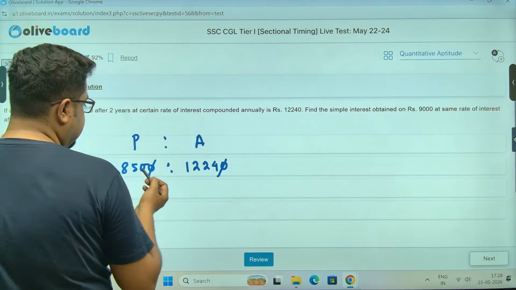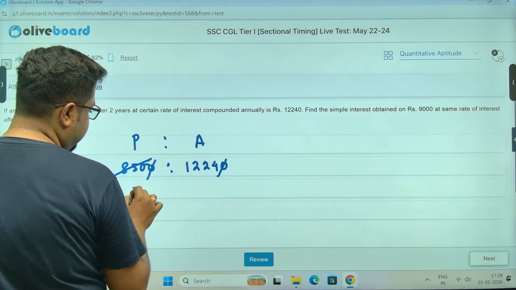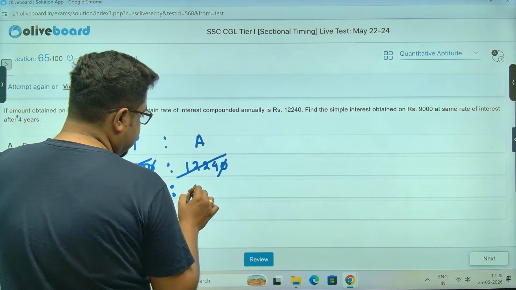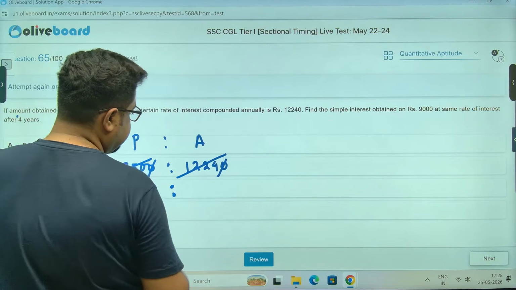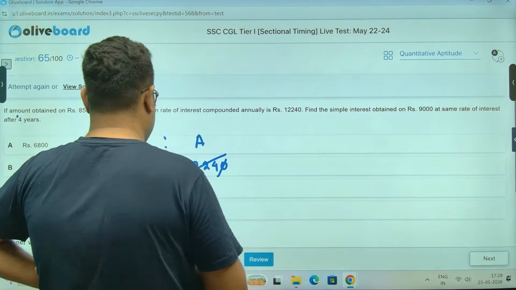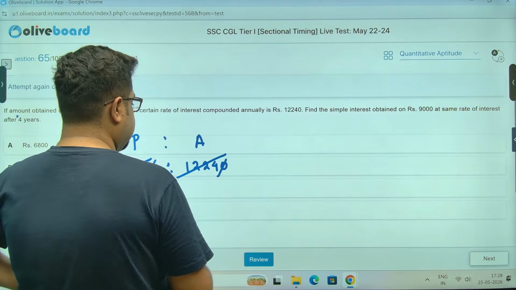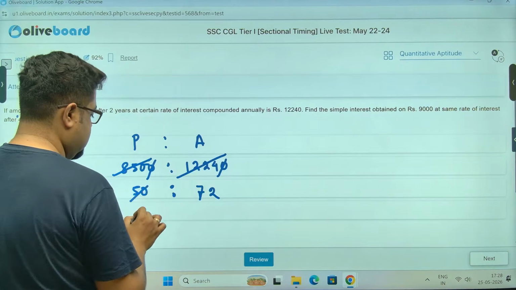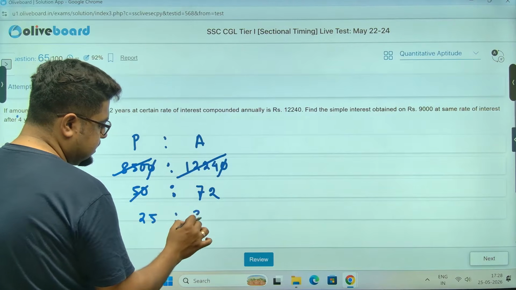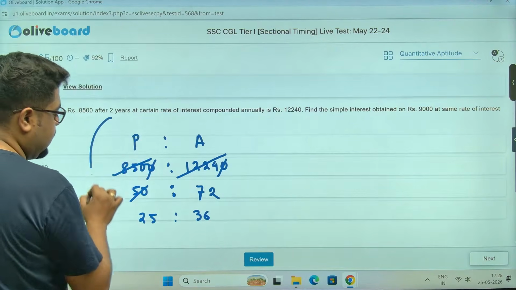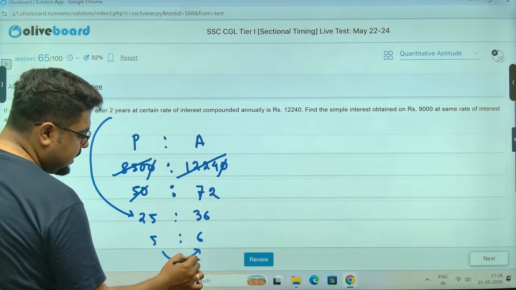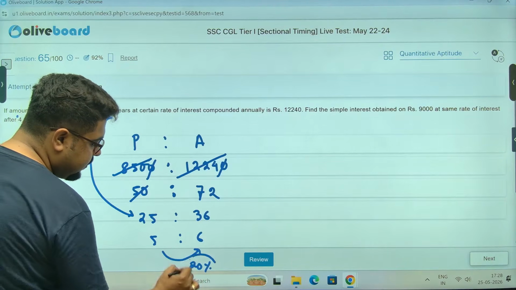Sir, this can only be divided by 17. 17 fives are 85, 17 sixes are 102, 17 seventeens, 17 seventy-twos. 25 is to 36, sir. This is after 2 years. So 1 year ratio will be 5 is to 6. So rate of interest is 20%, 1 by 5.